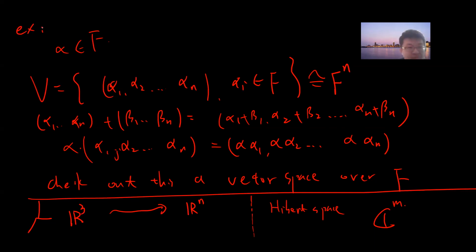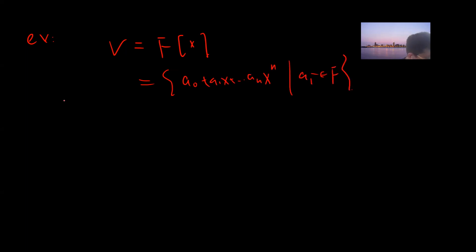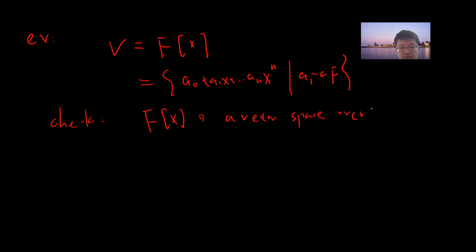Okay, another one. You can let V be F[X], the polynomial ring over F. Basically these are just a0 plus a1 X up to an X^n, where all the ai belong to the field F. Check that V is a vector space over F. For addition, it is just the usual addition of two polynomials, and scalar multiplication is just multiplying by an element of F. An easy exercise.